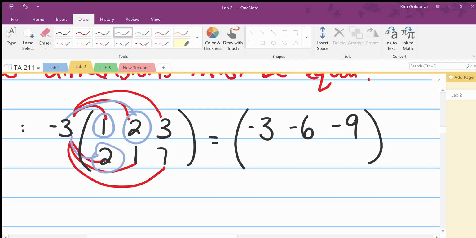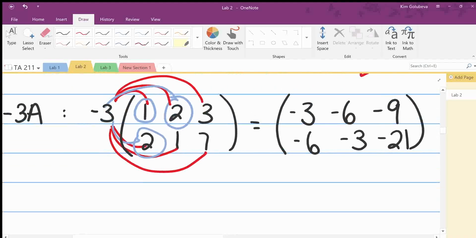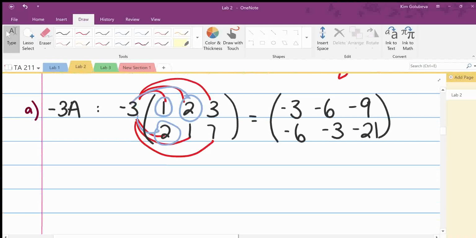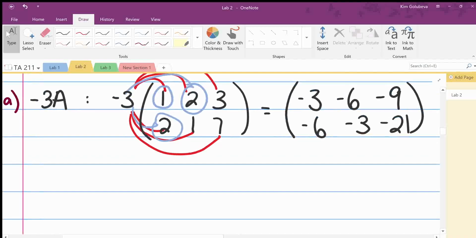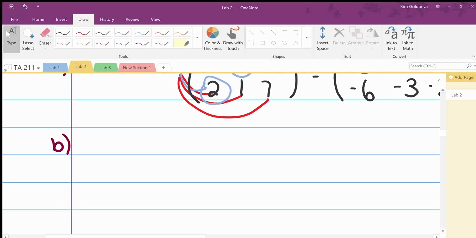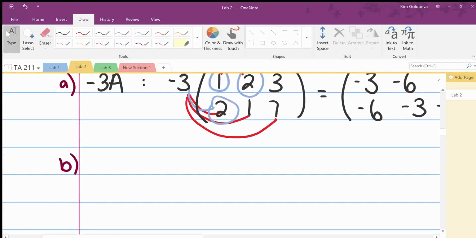So -3 times 2 is -6, -3 times 1 is -3, and then we end up with -21. So this is our answer for A. When you're asked to multiply a matrix by a scalar, you just multiply every single entry by that scalar. Pretty straightforward.